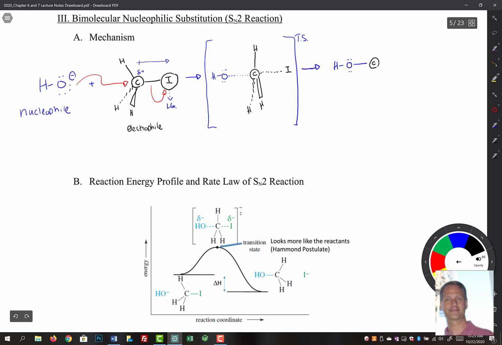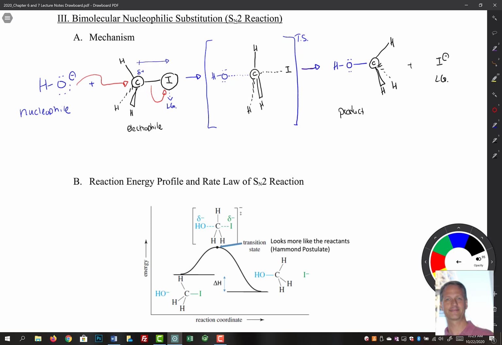What's going to happen here is we're going to have our H come up just like so, another H down here, and then an H back just like this. So this is our product. And then the other thing that we get here is iodide, so I minus. That is our leaving group. For the sake of writing out reactions, we often omit iodide and we just include the organic product here.